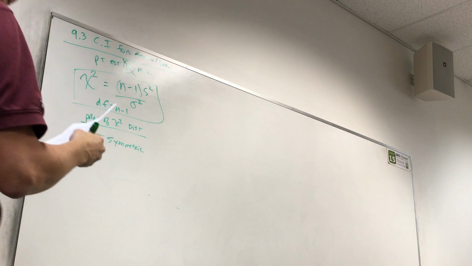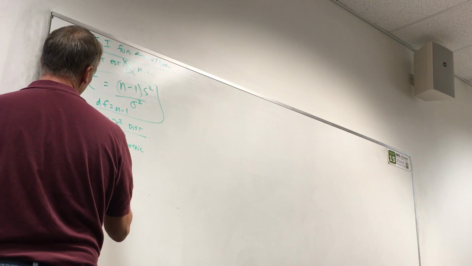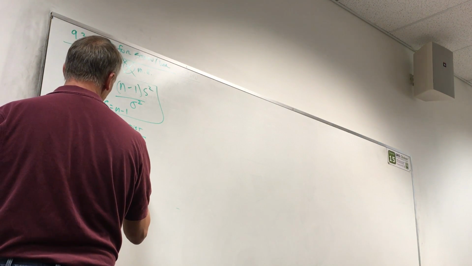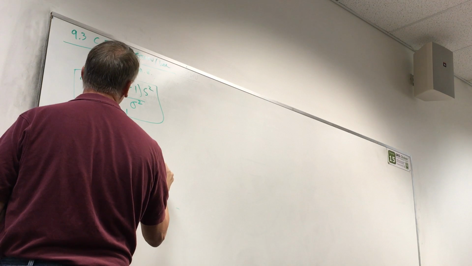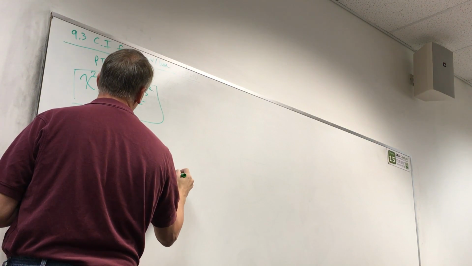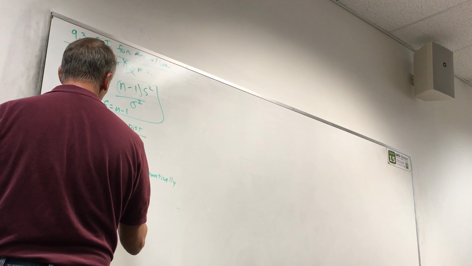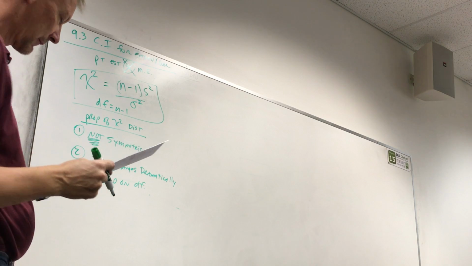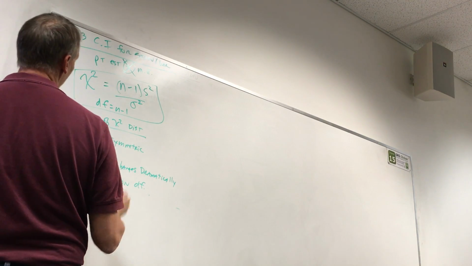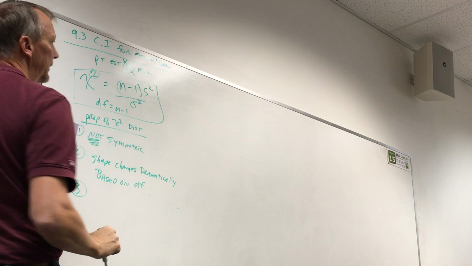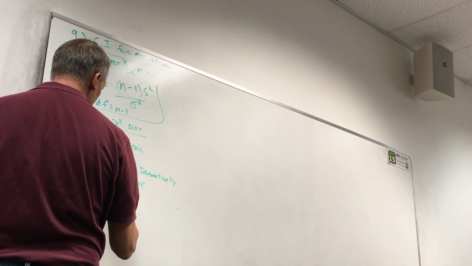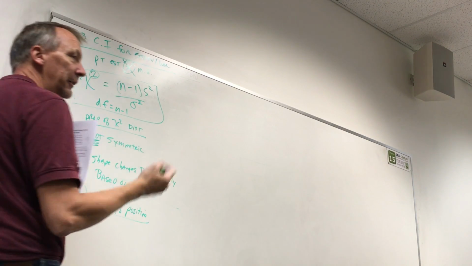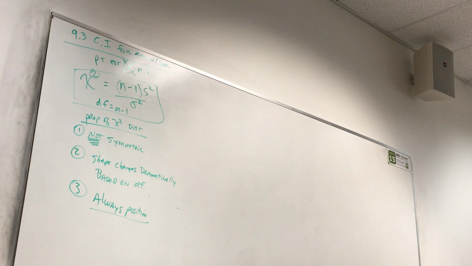Number two is the shape changes dramatically based on your degrees of freedom. And number three, as you can see from the squaring part of this, the chi-square is always positive or zero. It could be zero technically, but yeah, zero or positive.